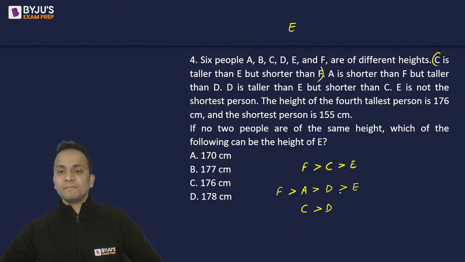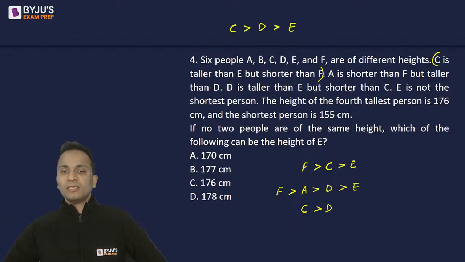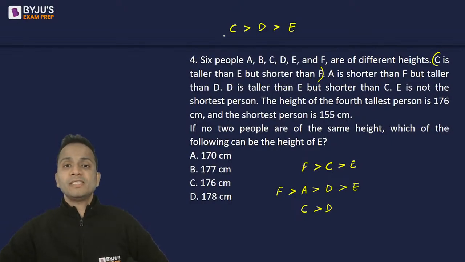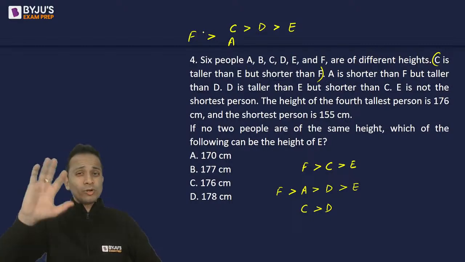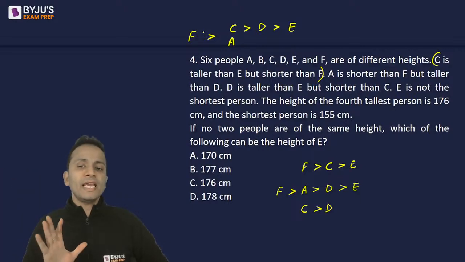After E, D and then C. Now, I don't have a comparison between the heights of A and C. So A and C can come in any order, but F is certainly taller than both A and C.